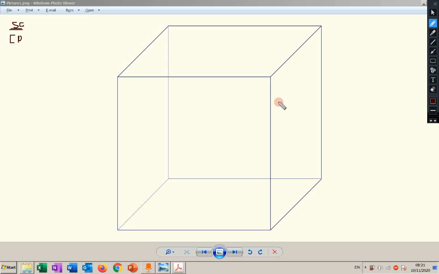Let's make it 0, 1, 1. We're going to explain the same plane for different crystal structures, simple cubic, FCC, BCC, to understand the atom arrangement and the way that we're dealing with a plane.